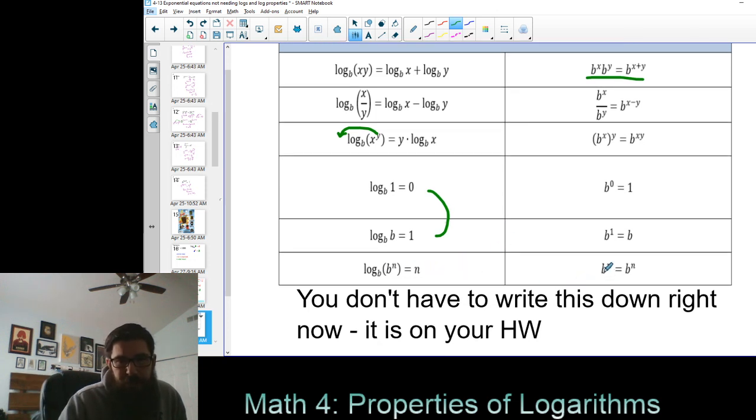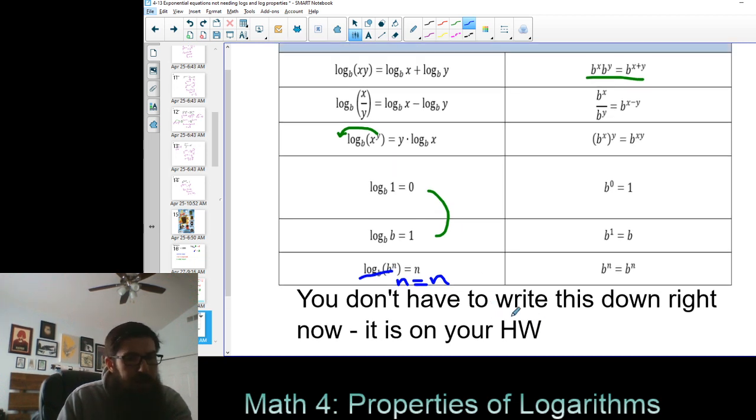This last one here, b to the n equals b to the n, isn't super crazy. What I want you to look at for the algebra, though, is this log base b of b to the n. If I have a log base b and a base b right next to each other, they cancel out. So all that I would have left is n equals n. That algebra piece is going to come in pretty handy here, okay?